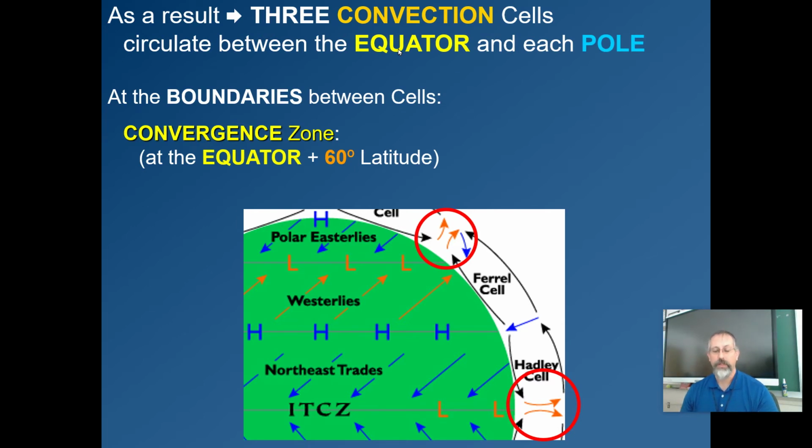And that's what happens in both of these spots. Now, when warm air rises, it cools off. When it cools off, it makes clouds, assuming there's enough moisture in the air, and there always is, and can lead to more precipitation. So these areas tend to have clouds and precipitation because air is usually rising there at convergence zones.